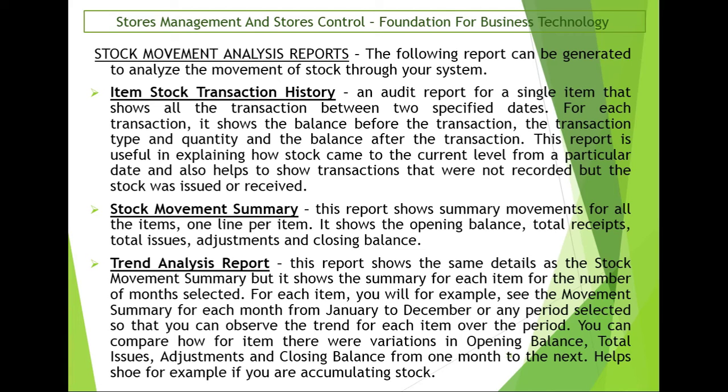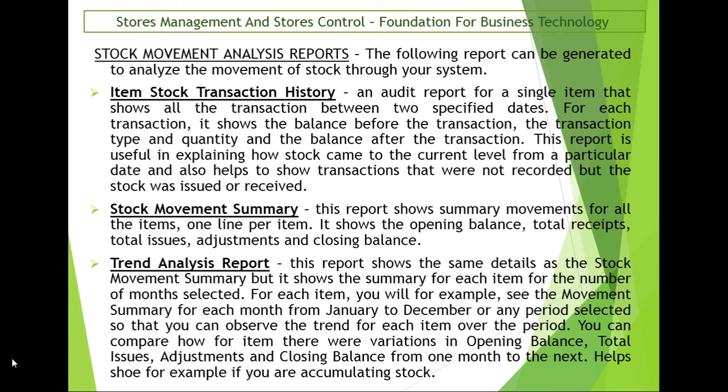The first kind of report you can generate is called an item stock transaction history. This is an audit report for a single item that shows all the transactions between two specified dates.